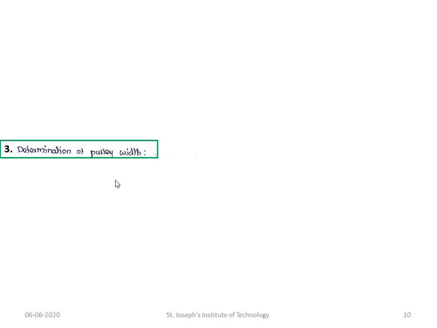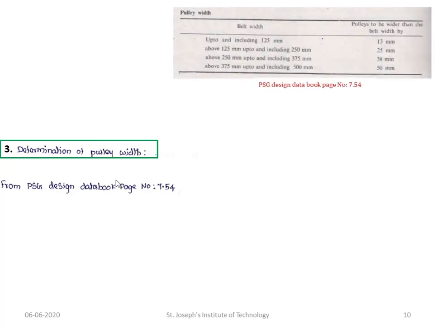Next I am going to calculate the pulley width. To calculate the pulley width, I refer to data book page number 7.54. My pulley width is always greater than the belt width, so we need to give some allowance. You can take that value from data book page number 7.54.